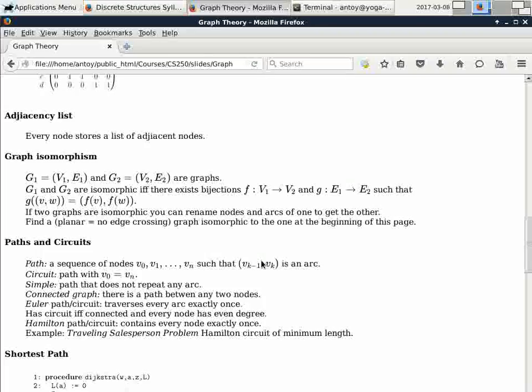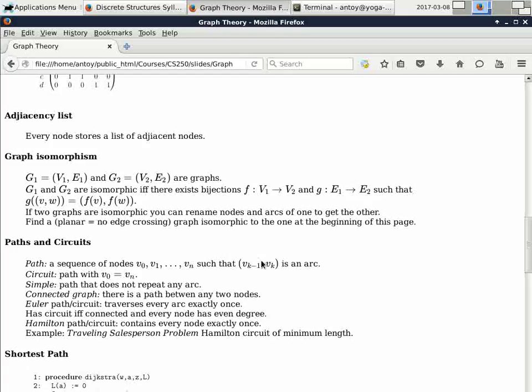Better with a light or without? So suppose that I have this graph here. And suppose that I have this graph here. These are the same graph, right? What is the idea that these two are the same graph?